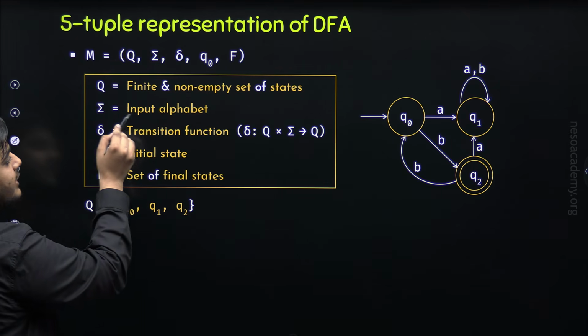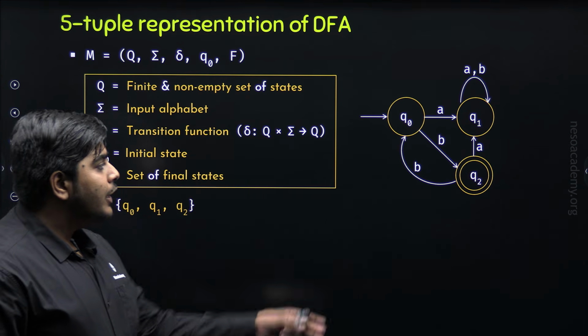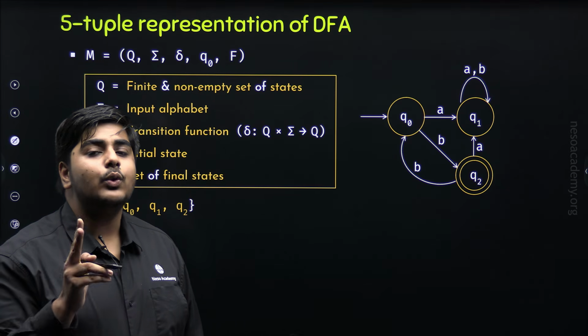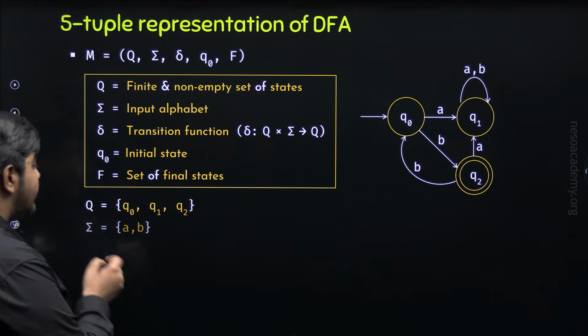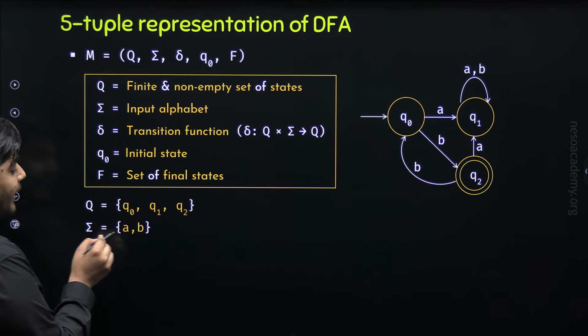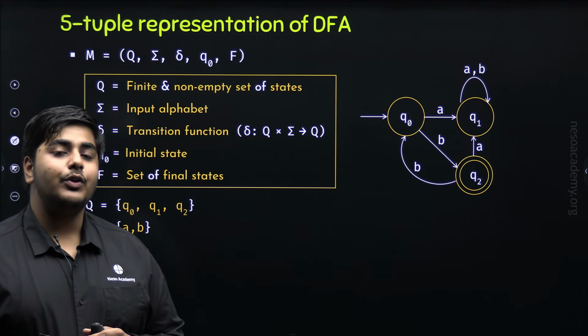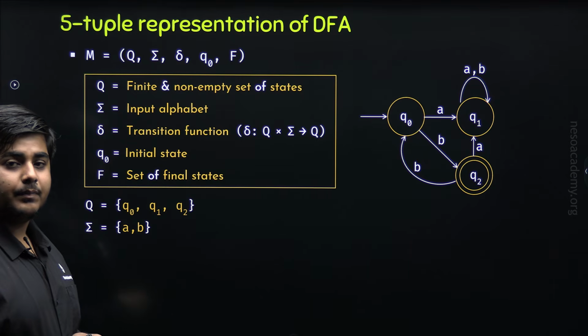Next is sigma, which is the input alphabet, the set of symbols. You can clearly see in this diagram that there are only 2 symbols used, A and B. So sigma, or the alphabet, is the set of only A and B. Now let's find out the value of delta, that is the transition function.